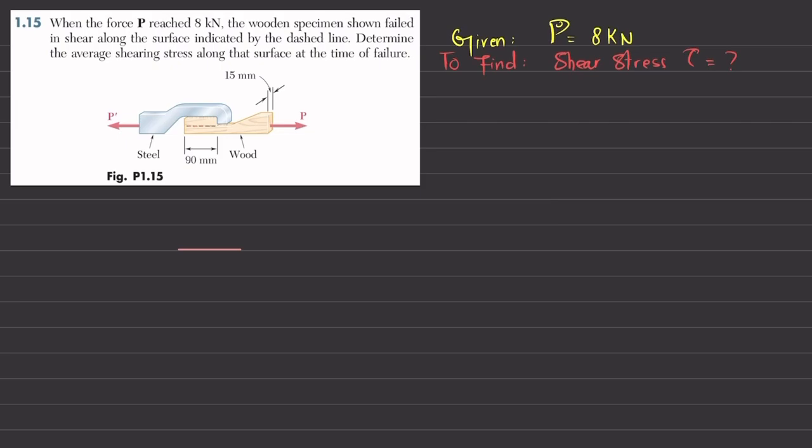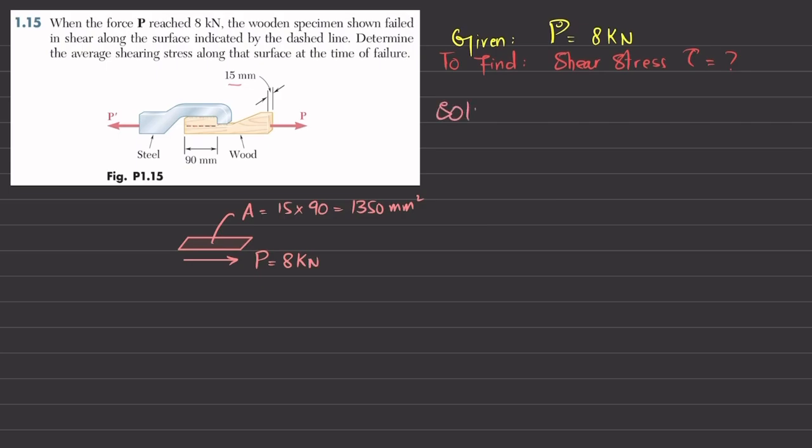Clear? And the width is given as 15 millimeter. So width is 15. This is the area, shear area, and that is equal to 15 multiplied by 90. And the shear force acting on this area will be equal to P, and that is given as 8 kilonewton.